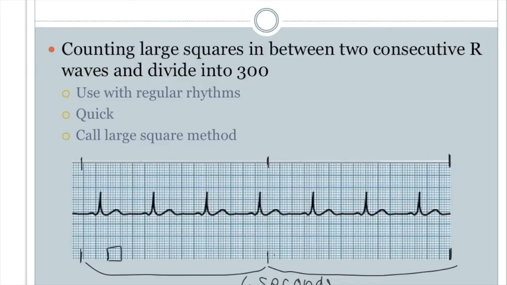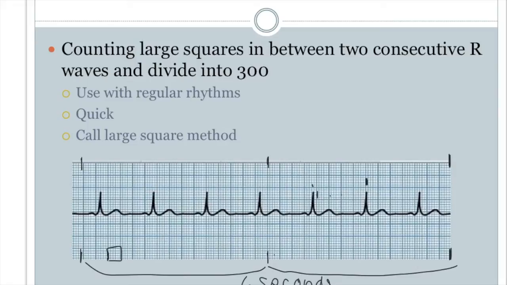I try to always get an R wave that's right on one of the lines of the big box. And then you're going to count the number of big boxes in there. So we have 1, 2, 3, we have 4. Now this is not exact because we're not counting the little squares, but it gives us an idea of where the heart rate range is.